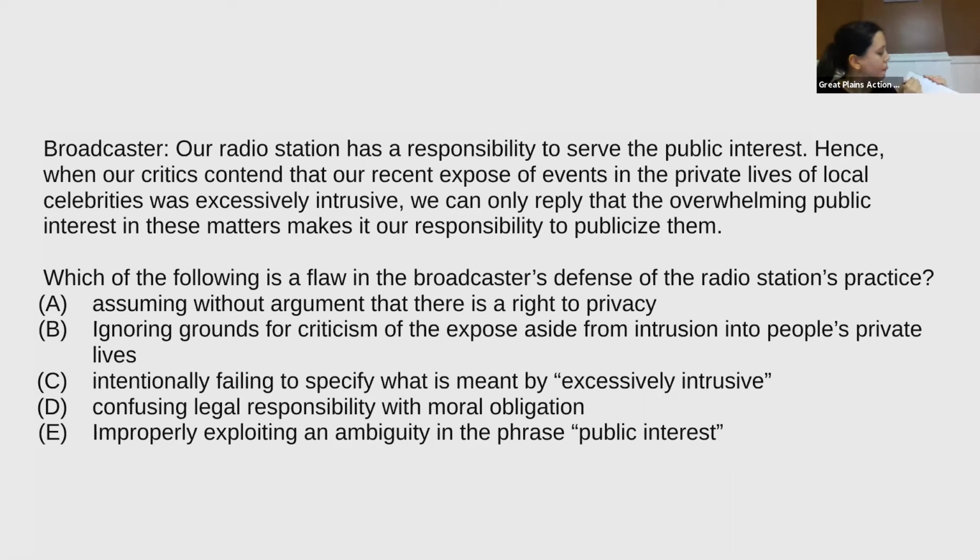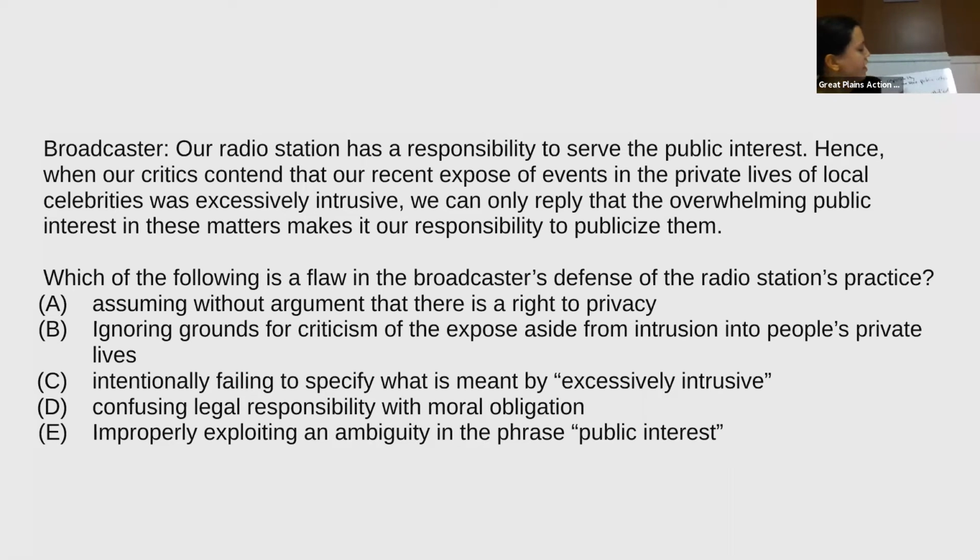So if we think back to our informal fallacies, because the question is asking which of the following is a flaw, we know we're looking for something wrong with the argument.